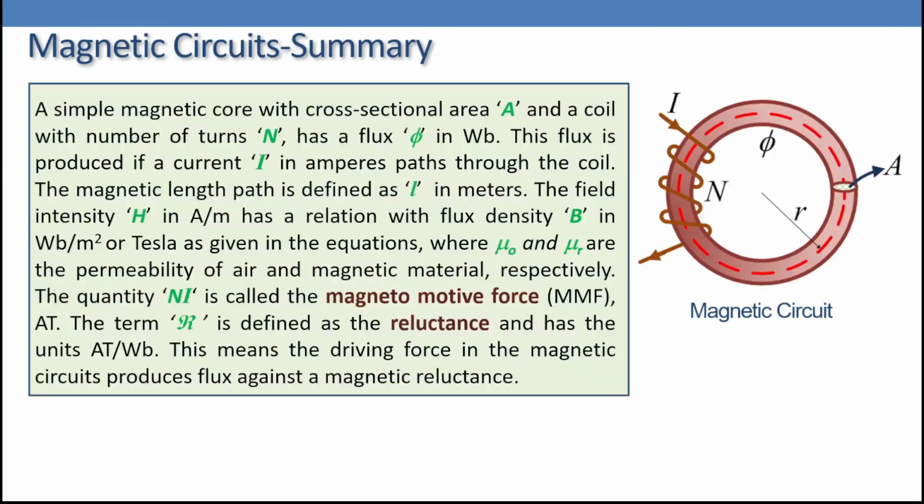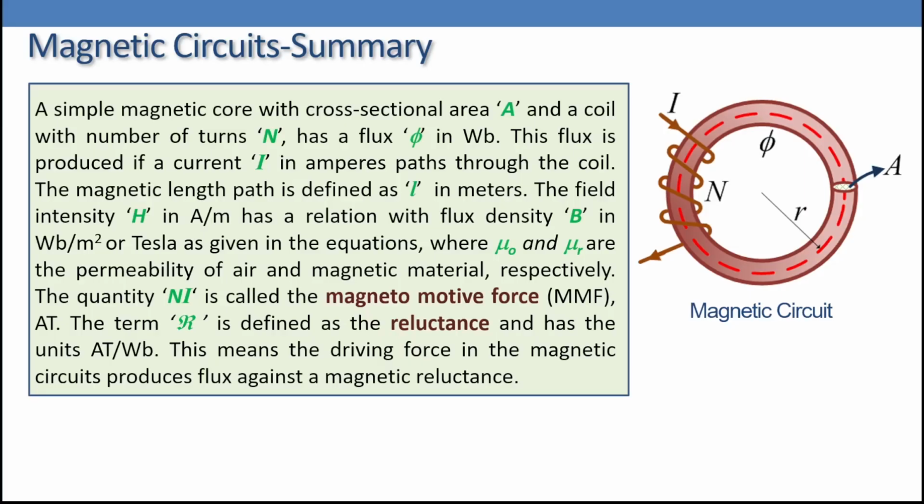So let us summarize this video. If you have a magnetic circuit like this one, with or without an air gap, we have a coil with a certain number of turns N and a current I injected in it. So Ni is called the magnetomotive force. That causes a field intensity H, which depends on the magnetic path length, where Ni equals HL.